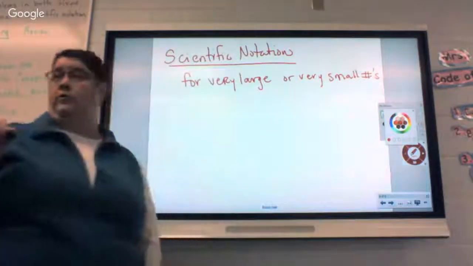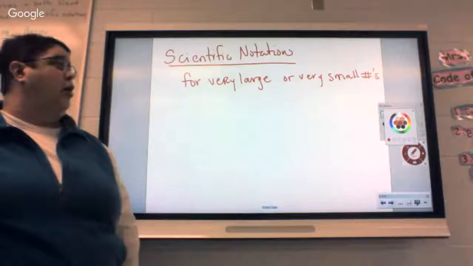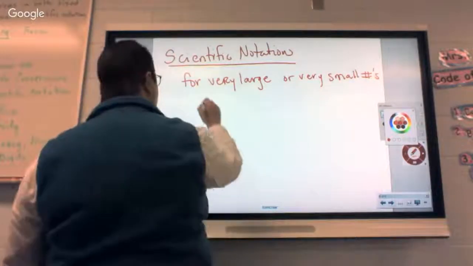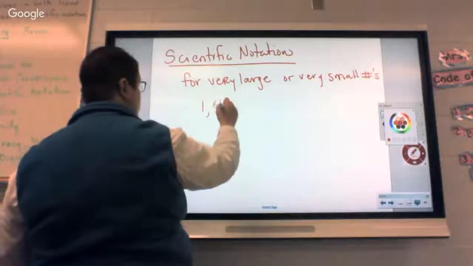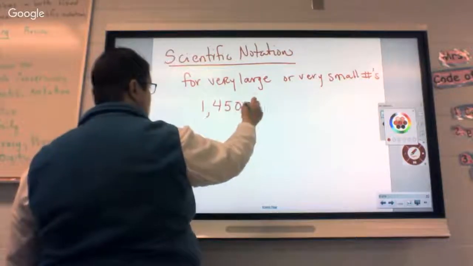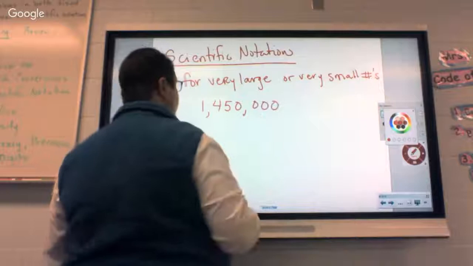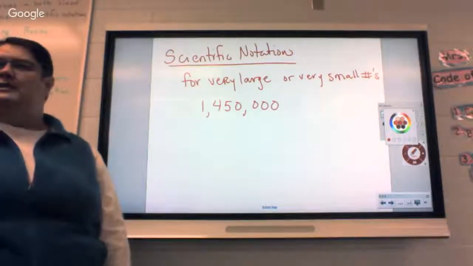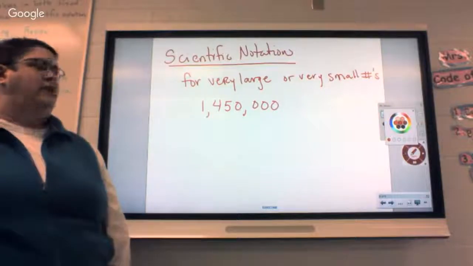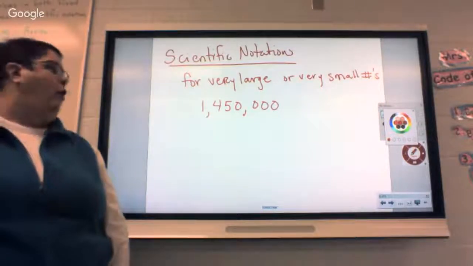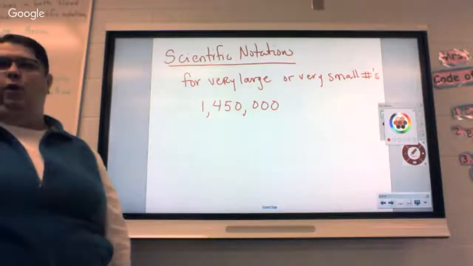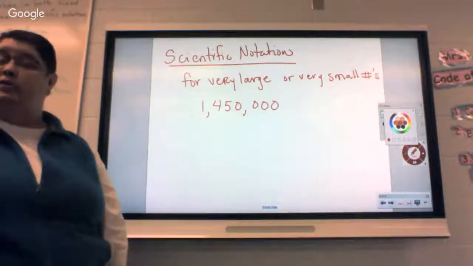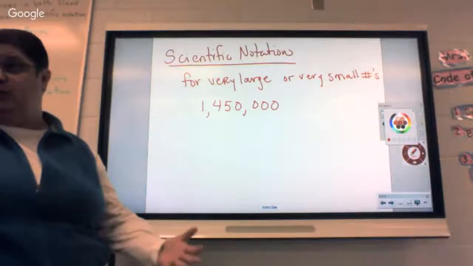That's what it's for, very small and very large numbers. For example, when I called out a number a while ago, and I kept saying 1450000. In science class, we generally don't say 1,450,000. We generally put those numbers in scientific notation.